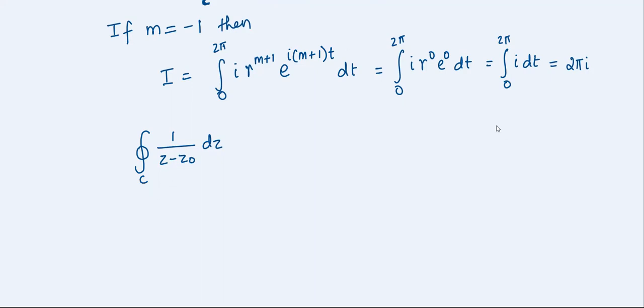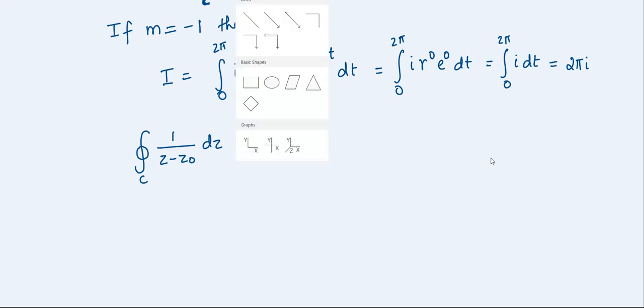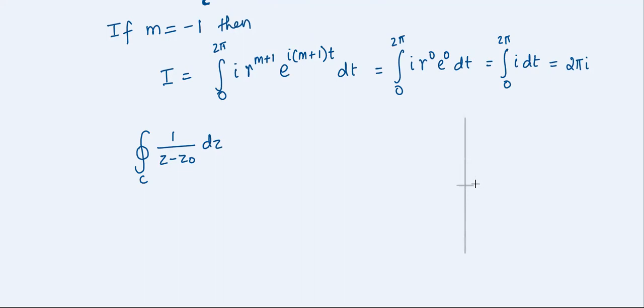So this is z, this is z naught, and we are taking a unit circle around it, around z equal to z naught. Now, z equal to z naught is a point where the function is not analytic, the function is not defined.